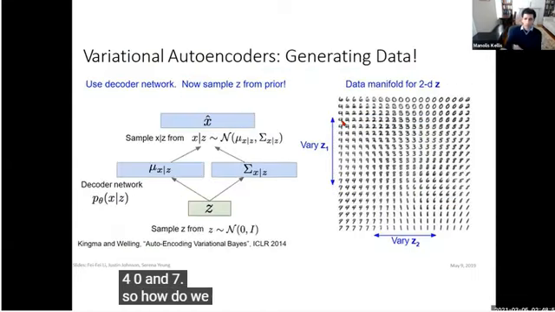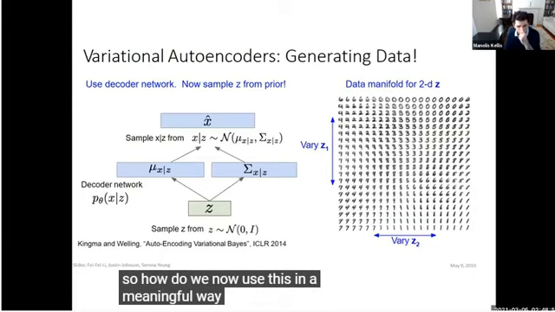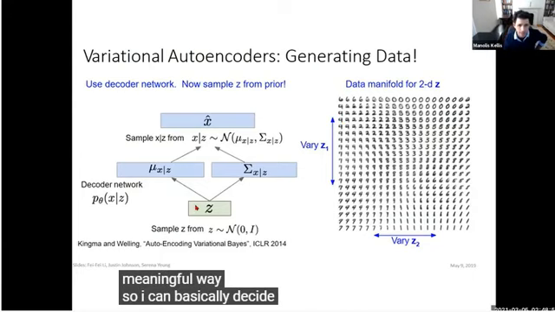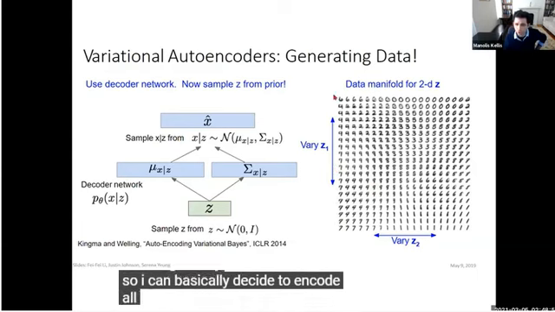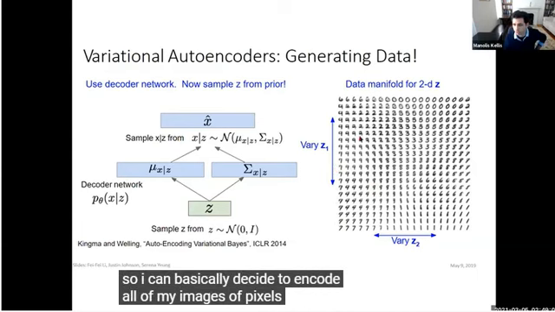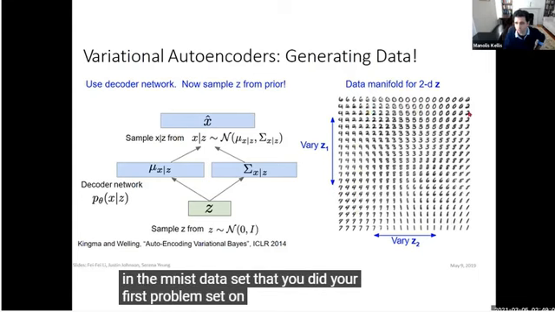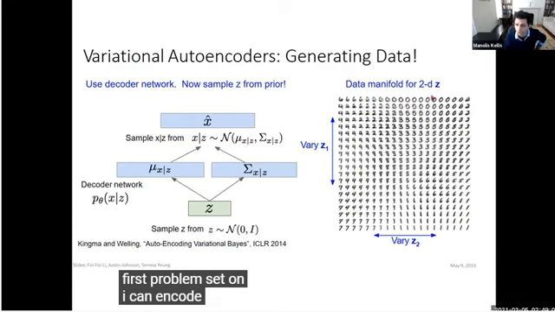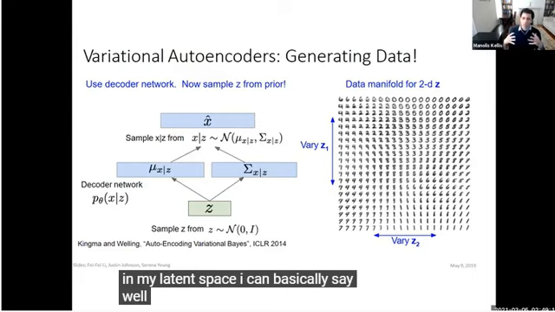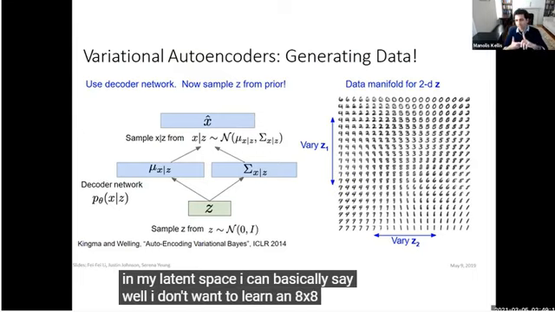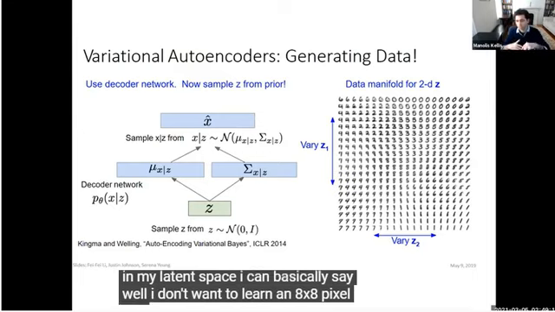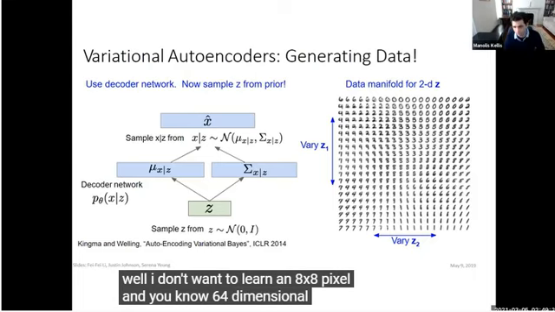So how do we now use this in a meaningful way? I can decide to encode all of my images of pixels in the MNIST dataset that you did your first problem set on. I can encode all of that using only 2 dimensions in my latent space. I can say, well, I don't want to learn an 8x8 pixel, 64-dimensional vector.